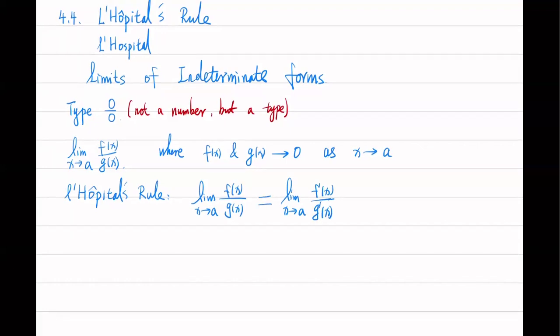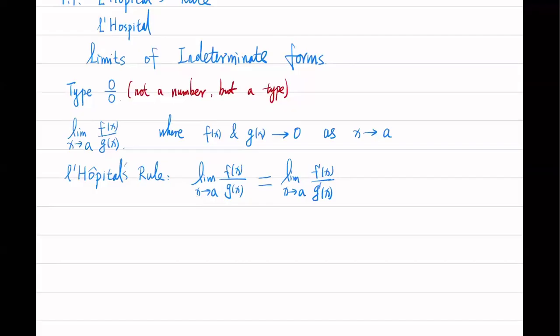This includes the case when both don't exist. If this exists, this also exists, and they have the same limit. If this one doesn't exist, this one also doesn't exist. And the first verification we have about this rule.